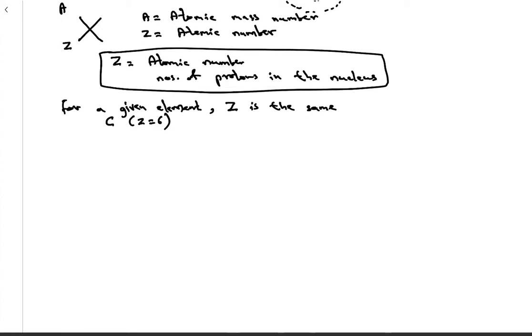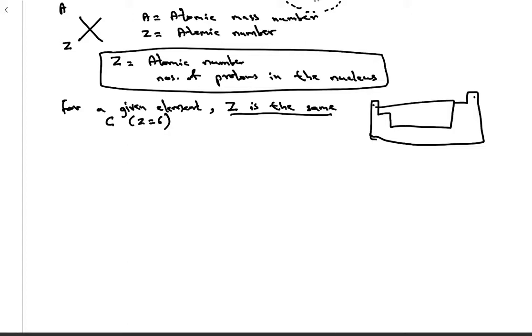So the atomic number is very unique to a particular element, and it is based on the atomic number that your periodic table is organized. So when we talk about the periodic table, the elements are arranged from left to right, and they keep going in a periodic manner, progressively increasing in atomic number, meaning increasing protons in the nucleus.